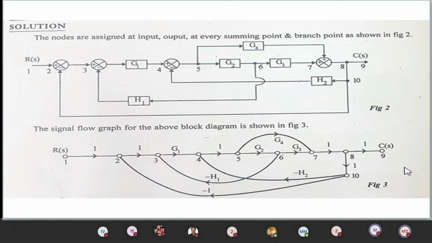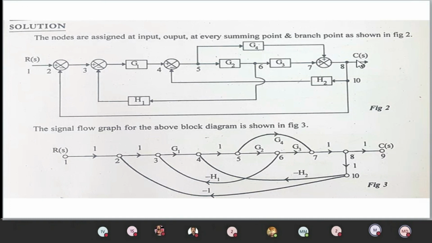8 to 9, 1. And kindly take care of arrow. If it is in forward direction, put the arrow mark forward. If the arrow mark is in reverse direction, don't forget to put it in reverse. From 5 to 7, gain is G4, but forward.